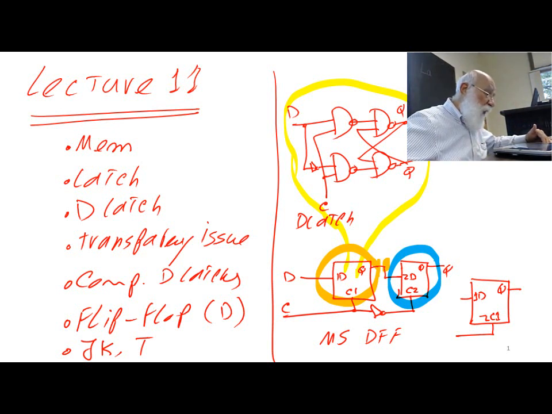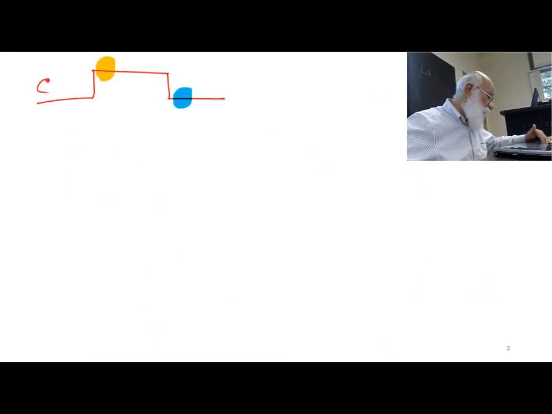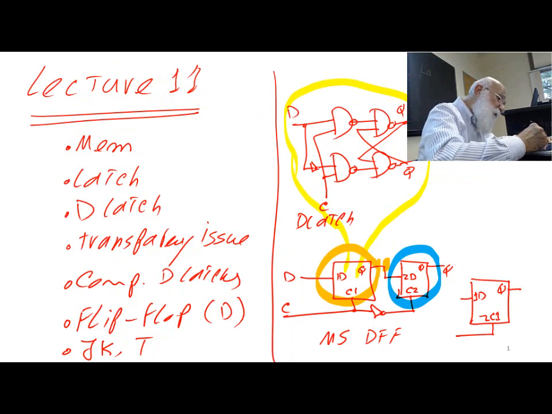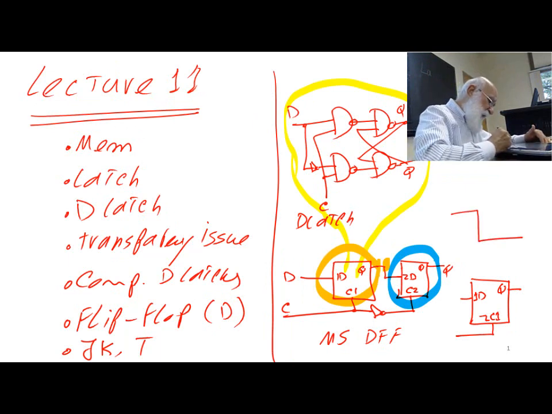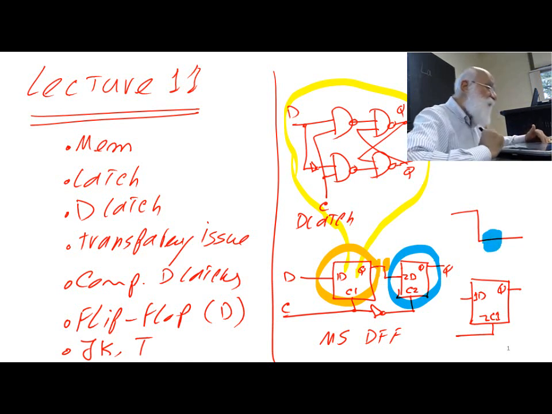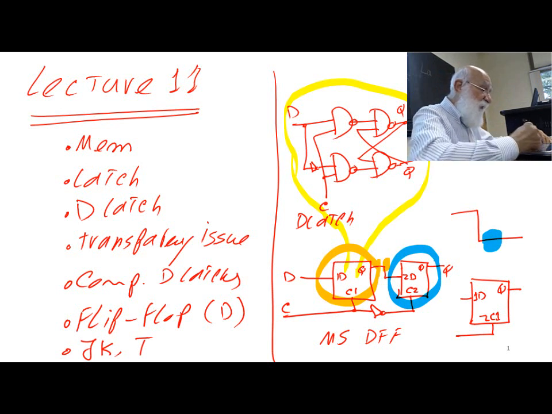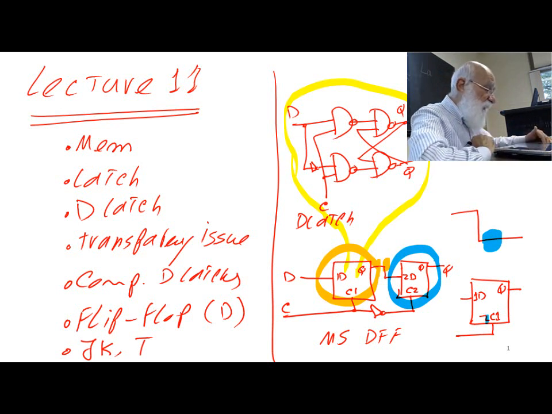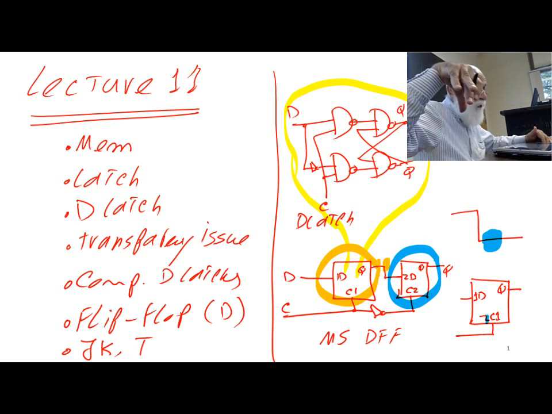And that's exactly why we are using this symbol, which I erased, this symbol, and this is what we are talking about. Okay, the symbol next to clock is indicating that I actually have my output affected when this one goes to 0.